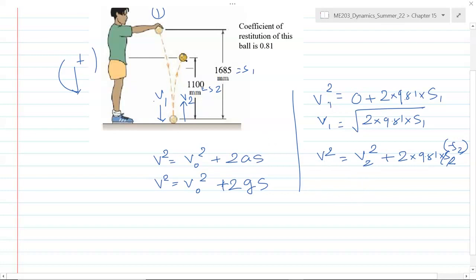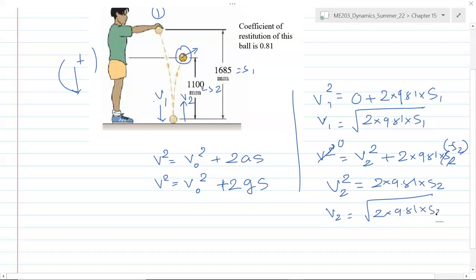Final velocity of the ball here is 0 when it reaches this height, so this term is 0. And since this is negative, it will become positive when we move it to the other side of the equal sign. So it's 2 times 9.81 times s2. So that is v2 square. That means v2 is square root of 2 times 9.81 times s2.